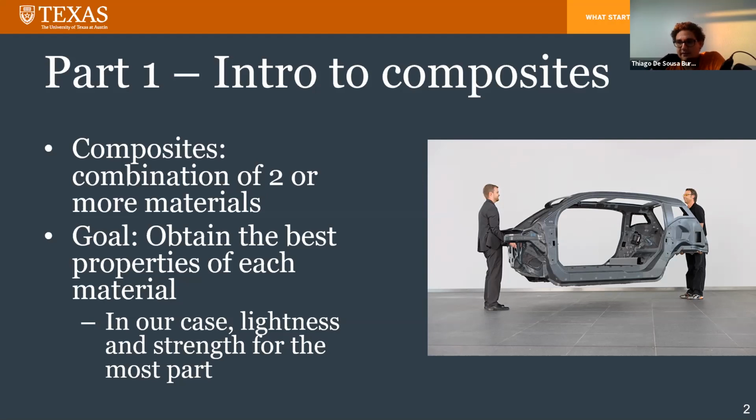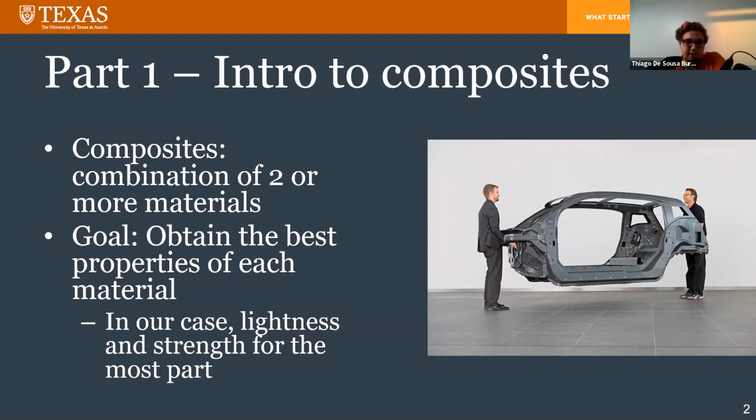In the case of fiber reinforced polymers, which are the composites that we usually deal with and the most common ones, what you're trying to get is the strength from the fiber, which is usually carbon fiber, aramid, glass, boron, and you're trying to get the flexibility of the plastic or the polymer.